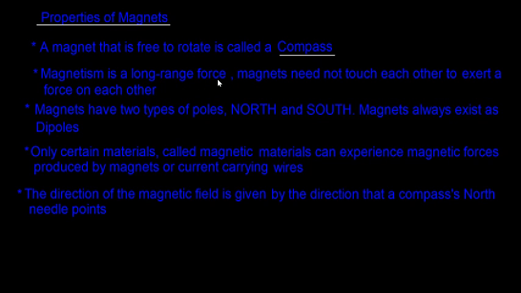Magnetism is a long-range force. What that means is that magnets need not touch each other to exert a force on each other. All magnets have two types of poles, north and south, and we know that magnets exist as dipoles, so it's not possible in nature to have magnets which have just one of these poles.